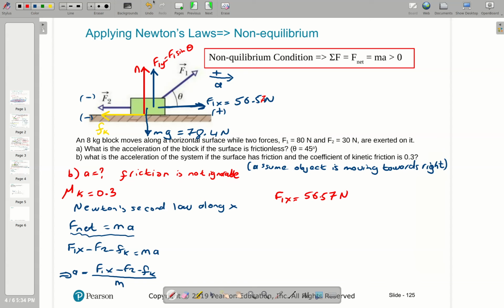Let me redo that and use blue. All right, and let me quickly check that to be correct. 56.57.